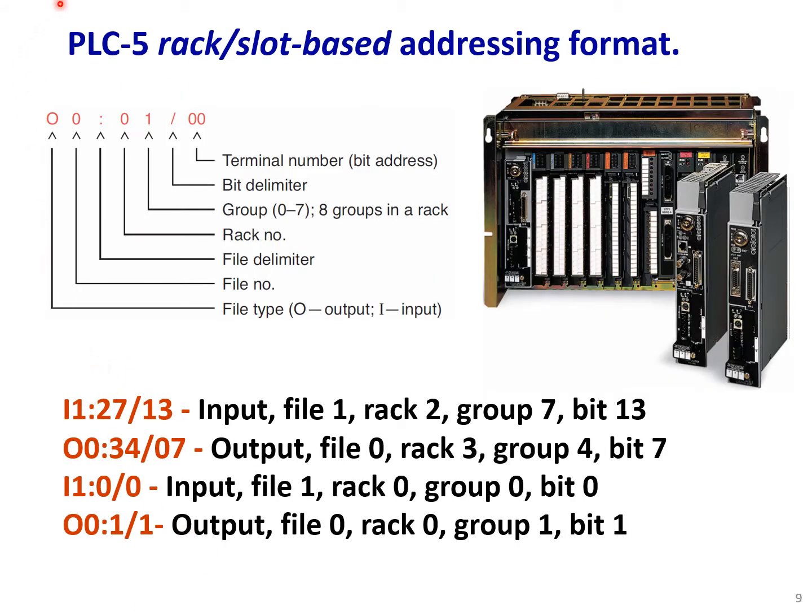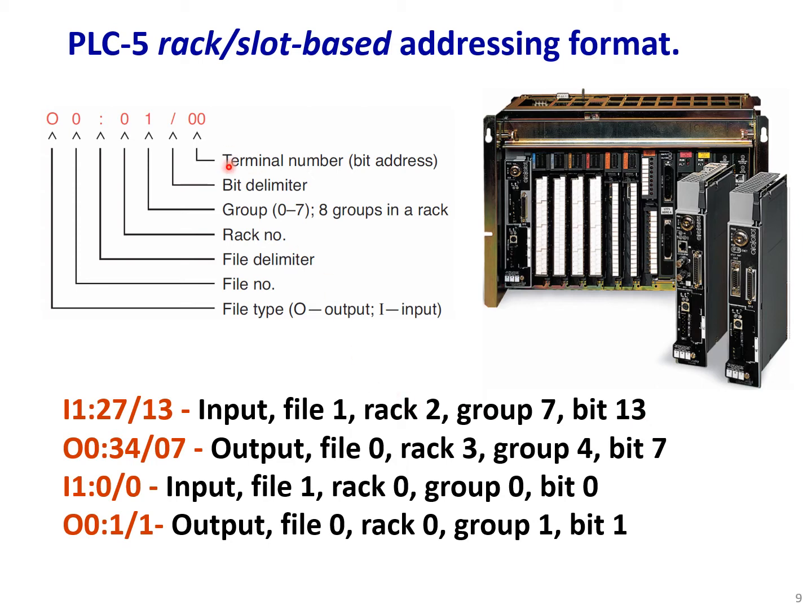Here we have the PLC5 rack slot based addressing format. Here we have one example, I:1/2713. So I is an indicator of input. It's located in file 1, rack 2, group 7, and bit 13.